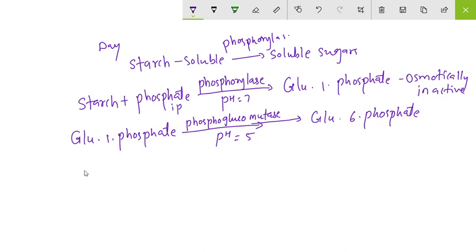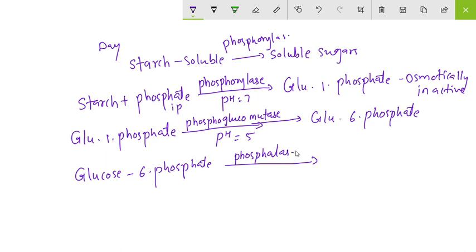And then this glucose 6 phosphate, in presence of the enzyme phosphatase, is converted into glucose and inorganic phosphate.